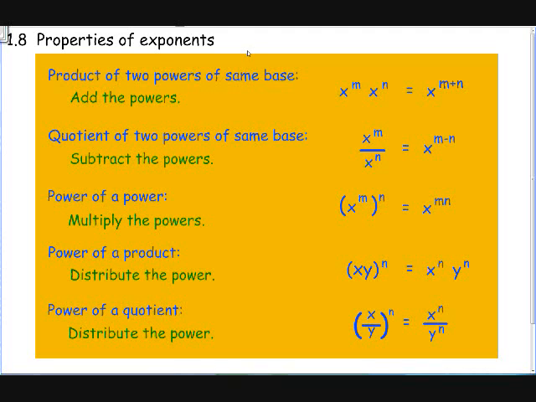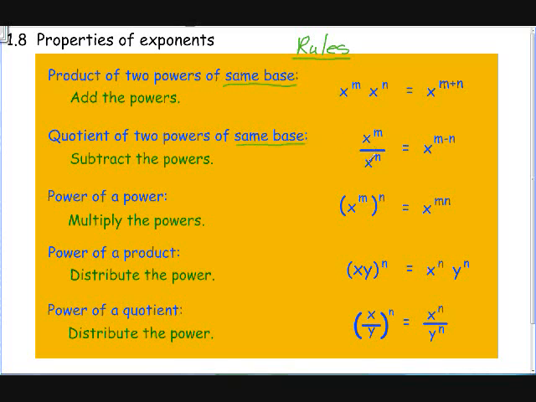Properties of exponents. Here are the rules we use, or the properties that we apply as we try to work with these. These are very important. We already know them. If we have two factors that have the same base, to simplify them, we just add the exponents.